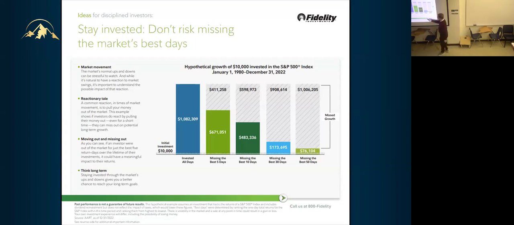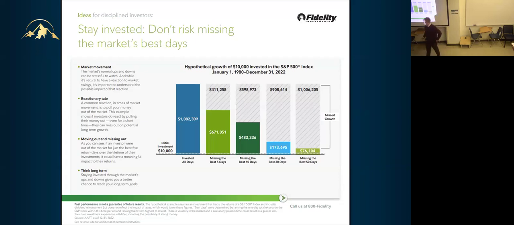If you miss the 10 best days, not weeks, not months, not quarters, not years, but days, your return is less than half of what it would be if you were invested for all of those days. So it's important to stay invested. And if you miss the best month's worth of days, it's not even 2/10 of that return.